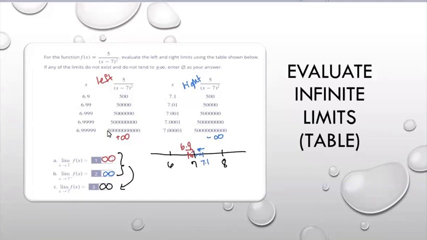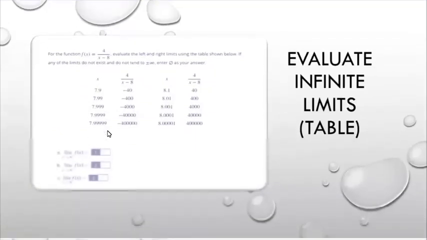All right. Next example, we have the function 4 over x minus 8. So x equals 8 is going to be our vertical asymptote. So again, recognize who's to the right, who's to the left. 7.9 is to the left of 8. 8.1 is to the right of 8.